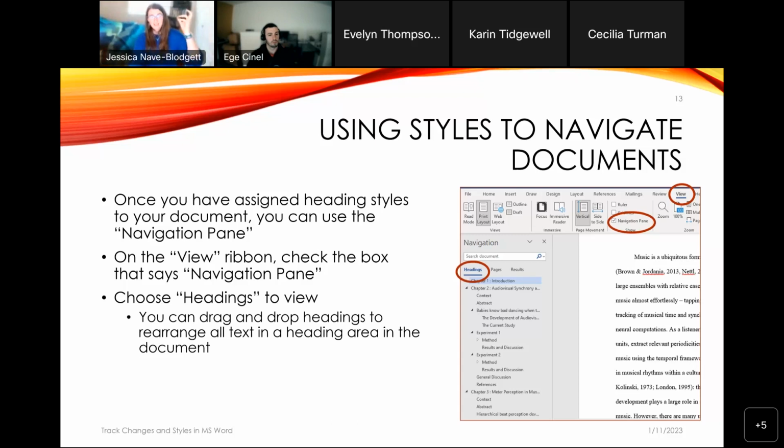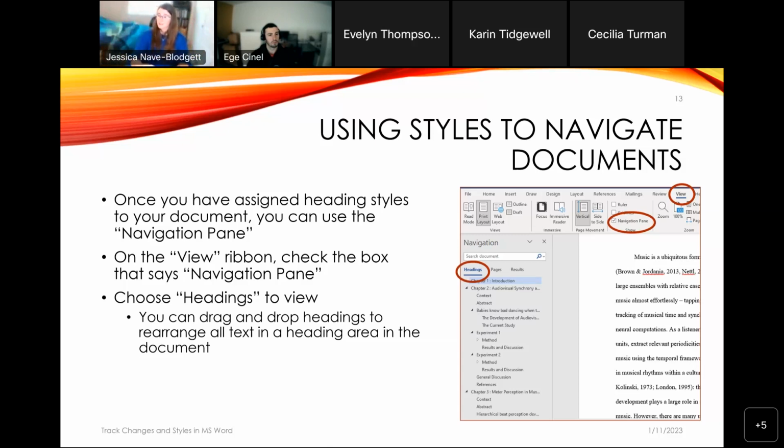So you can actually drag and drop headings right here on this navigation pane to rearrange the text. If you see in mine where I have experiment 1 method and then results and discussion, I could literally move the entire results and discussion above the method, or I could move it to another location entirely if that was what I wanted to do.